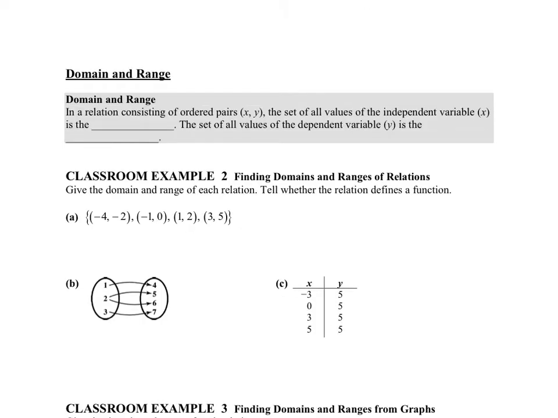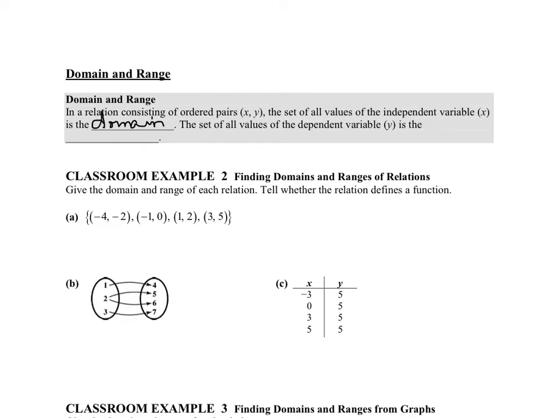We're now going to cover the terms domain and range. In a relation consisting of ordered pairs, and we know that in the ordered pair, the x comes first, the y is second, then the set of all values of the independent variable x is called the domain. So if we list all the possible x values in a set, we have identified the domain.